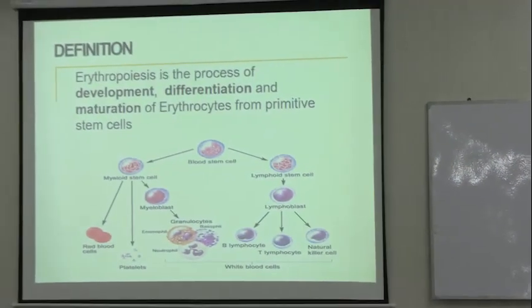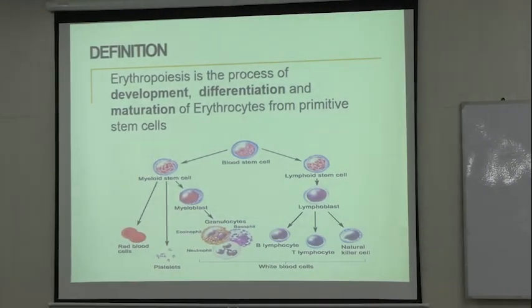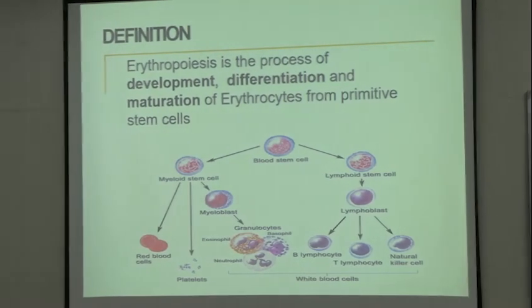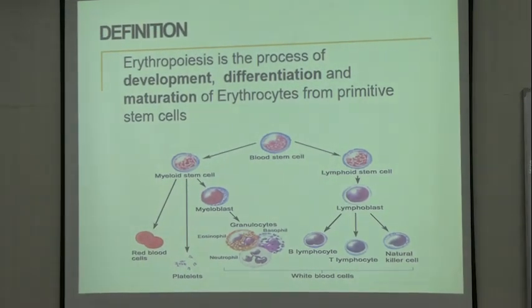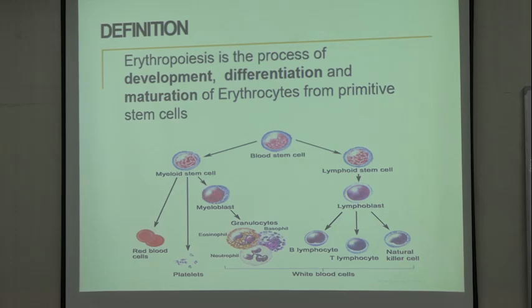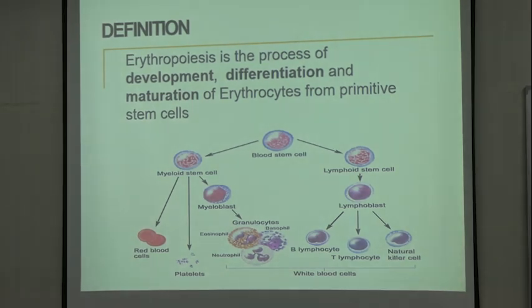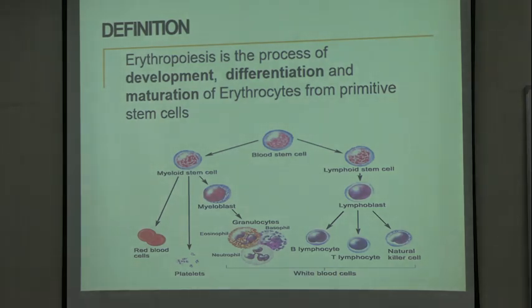So what is erythropoiesis? How is it defined? Erythropoiesis is the process of development, differentiation, because gradually they will be differentiated, changing their identity from the previous one, as well as ultimately maturing.